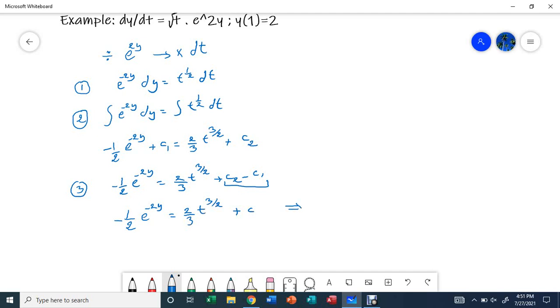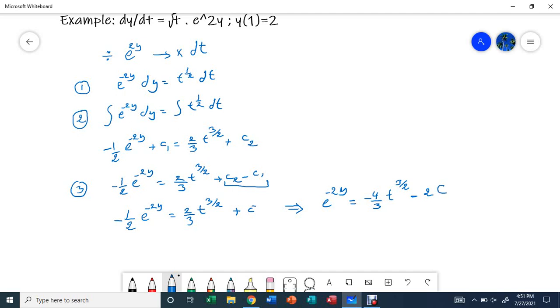Then I'm gonna multiply both sides by negative 2. So I get e to negative 2y equals negative 4/3 t to 3/2 minus 2C.